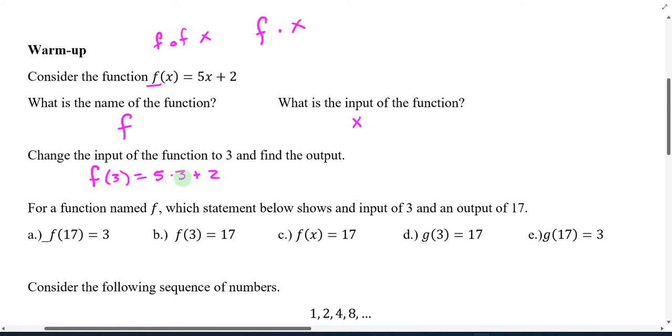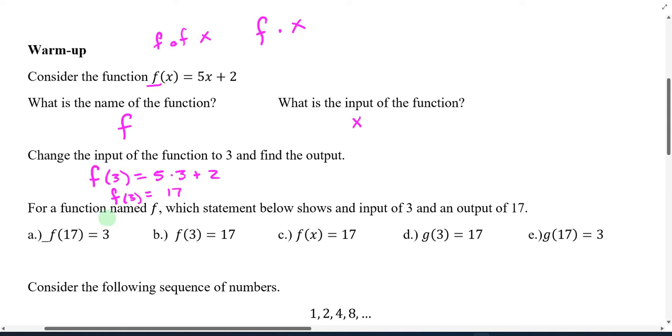The 3 has replaced the x. So if I do order of operations, 5 times 3 must go first. So that'll be 15, and then 15 plus 2 is 17. So we can say f of 3 equals 17. So we put a 3 in, we got a 17 out.